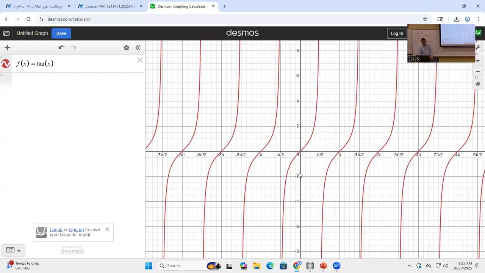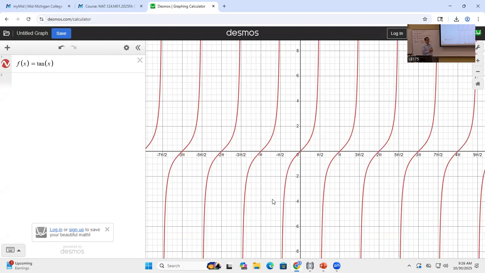Notice that these are a lot of squiggly lines. There's a lot of asymptotes there. At every odd times pi divided by 2, there's an asymptote.